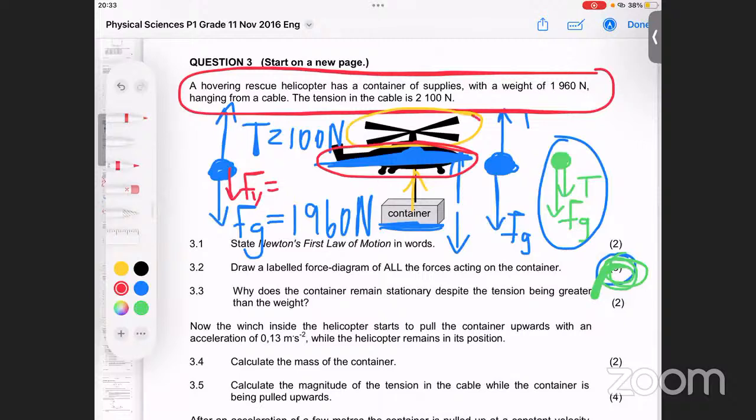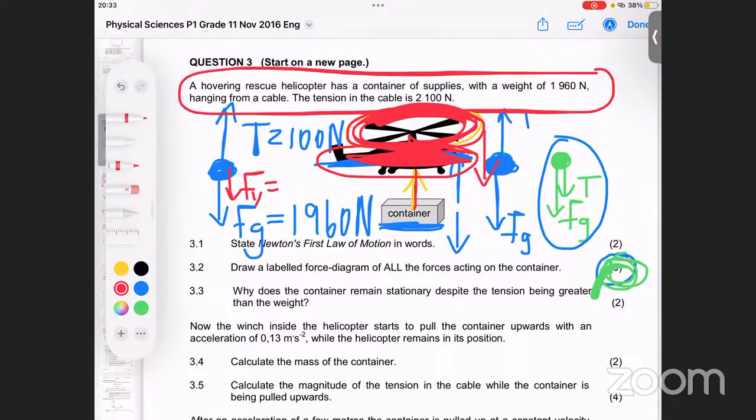And again, this hovering blades also need to be balanced by that tension force. Because those blades possibly add an extra downward force on that system, or on the container, even though this tension is connected to the helicopter and the helicopter is connected to those blades. But one thing for sure, there is something that is adding an extra downwards force.